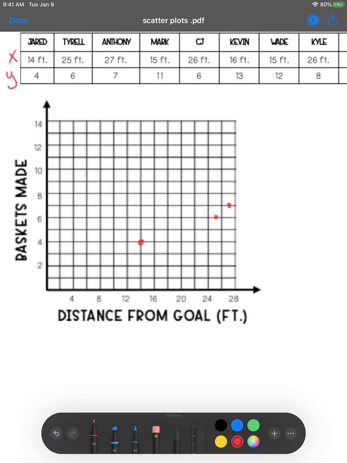Mark is 15, comma 11. So about right there. CJ is 26, comma 6. Wade is 15, comma 12.